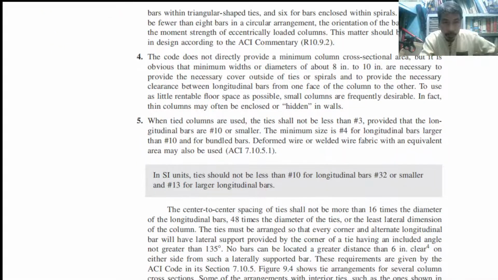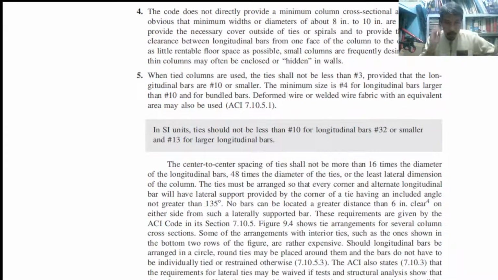Number 4, the code does not directly provide the minimum column cross-sectional area, but it is obvious that minimum widths or diameters of about 8 inch to 10 inch are necessary to provide the necessary cover outside the ties or spirals.